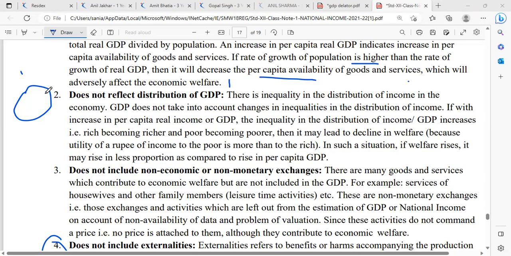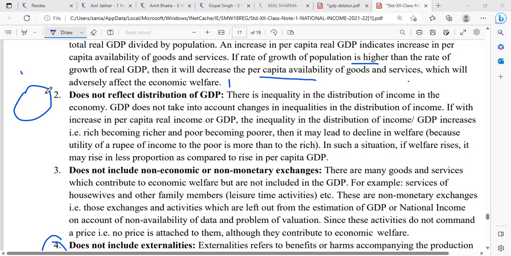Okay, ma'am. So what I was telling you, for example, in a country there are so many people, right? So let's just compare two countries and then you will tell me whether this is a good criterion or not.